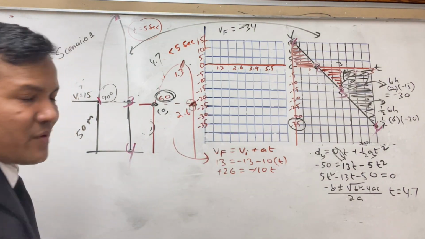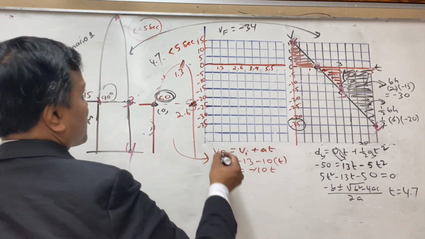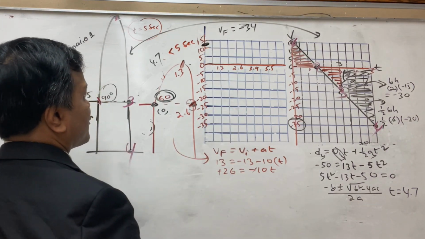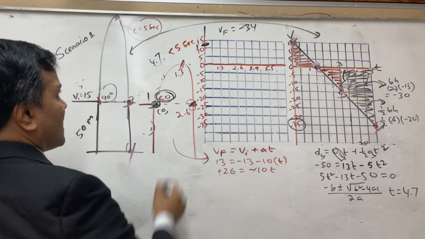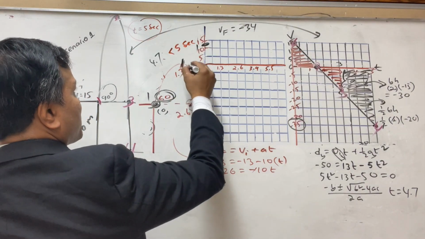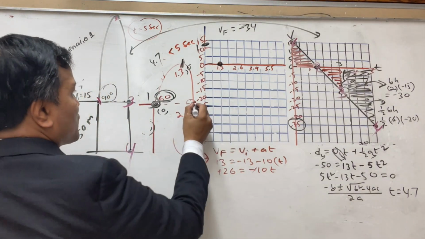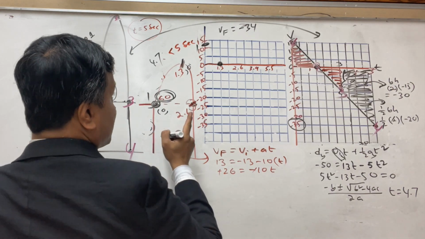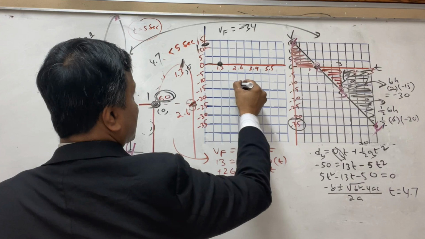Alright, so we know everything we need to know. Okay, so what do we know? We know 0 comma 13. This is 0 comma 13. Alright, so this is 0, this is 1, and then this is 2. This is 1.3 comma 0, and then 2.6 comma, let's find the velocity, negative 13, 2.6 comma negative 13.